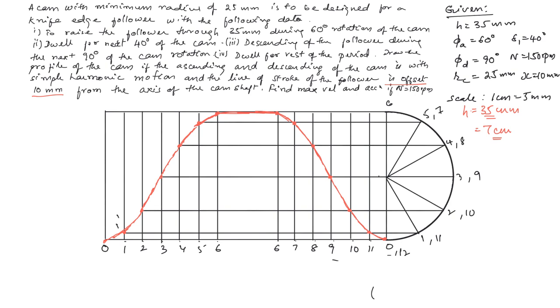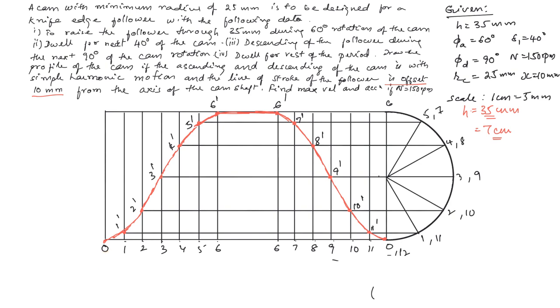This is 1 dash, 2 dash, 3 dash, 4 dash, 5 dash, 6 dash. So this will be again 6 dash, 7 dash, 8 dash, 9 dash, 10 dash, 11 dash. So these distances 1 1 dash, 2 2 dash, 3 3 dash, all these distances like 7 7 dash, 8 8 dash, 9 9 dash, are the rise of the follower at the given instant of time.